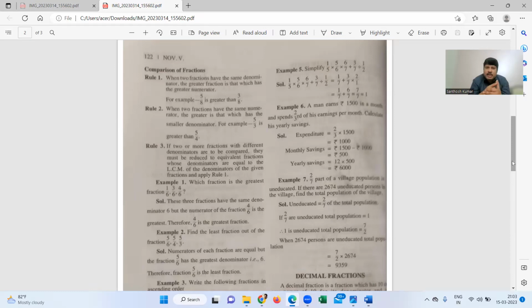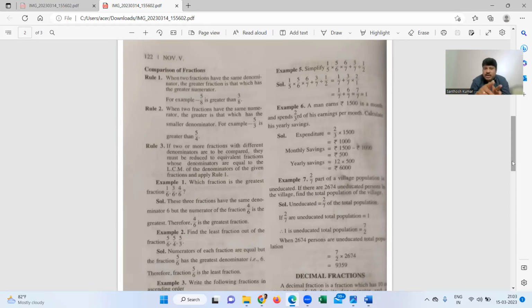See here, when two fractions have the same denominator, the greater fraction is the one which has the greater numerator. That means if you see 5 by 8 and 3 by 8, these are two fractions. Whenever the denominators are equal, those fractions are called like fractions.